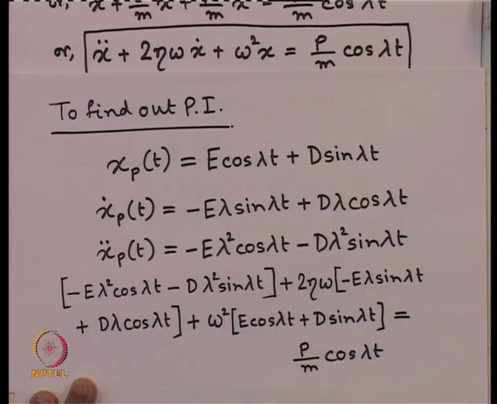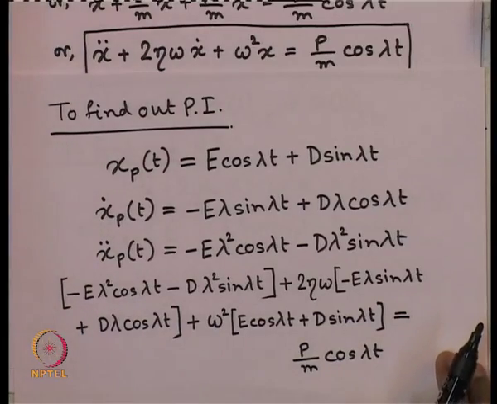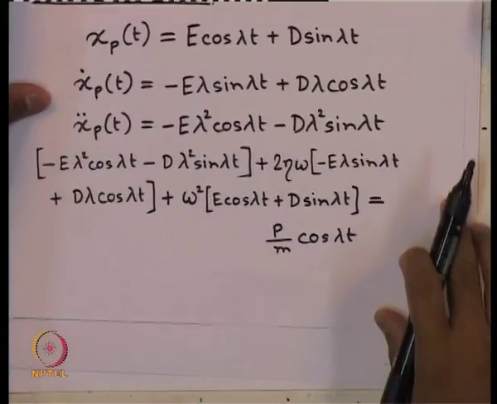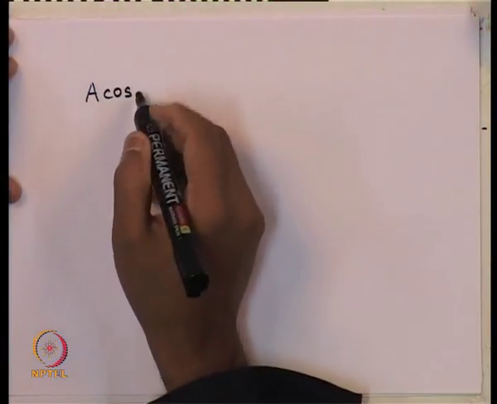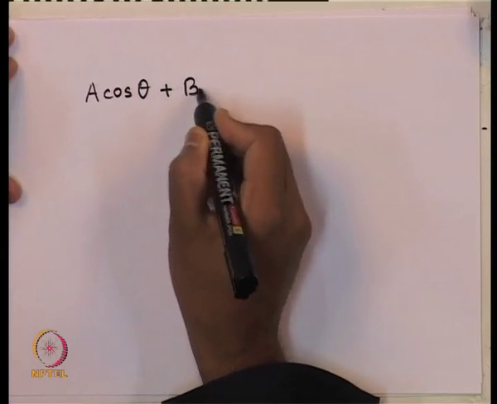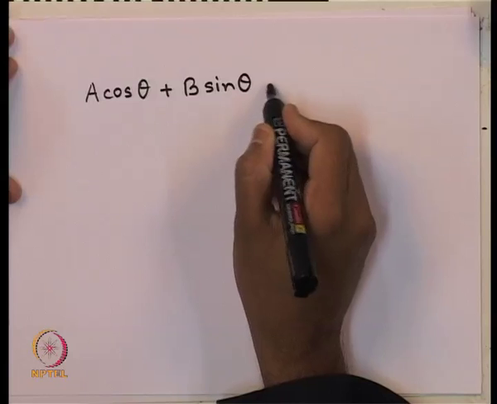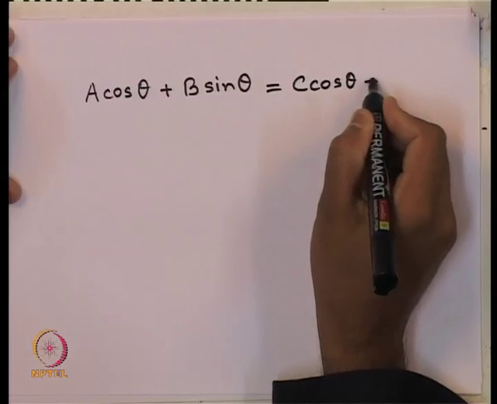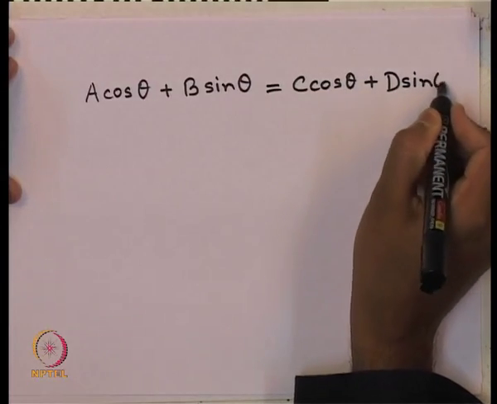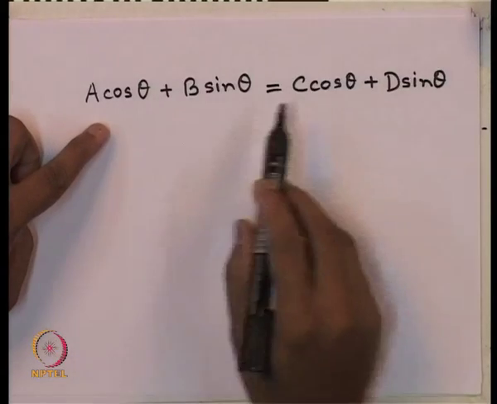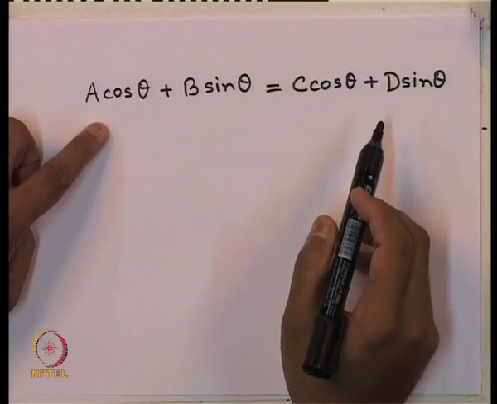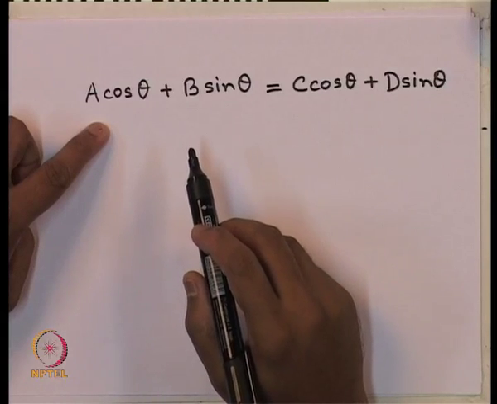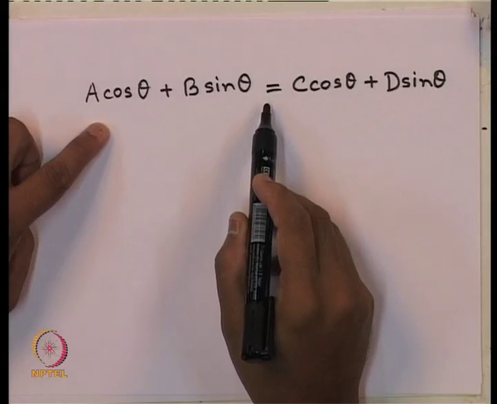Now, when we are representing the equation like this, how to find out the unknown constants E and D from this expression? We know from basic mathematics that if there is a relation like A cos theta plus B sin theta equals C cos theta plus D sin theta, then the coefficients of cosine and sine individually must be equal to hold this relation of equality.